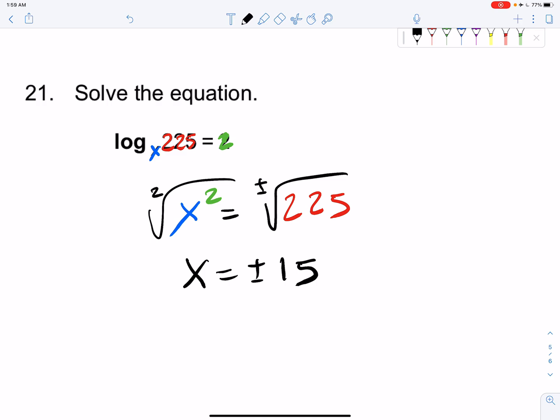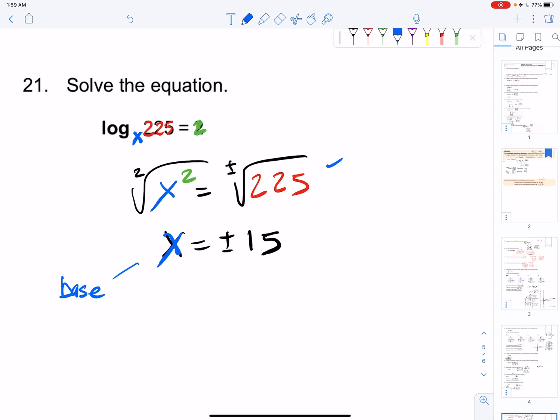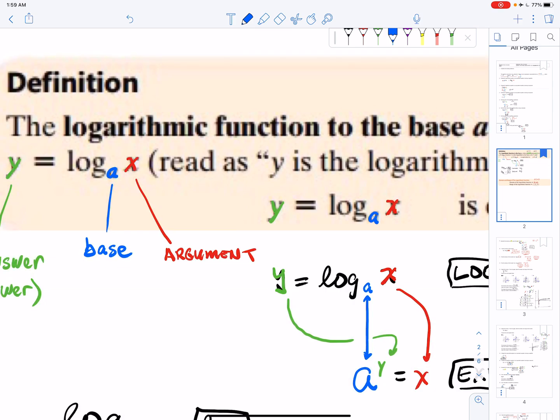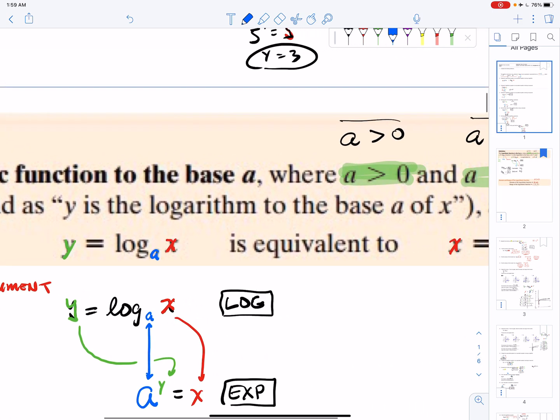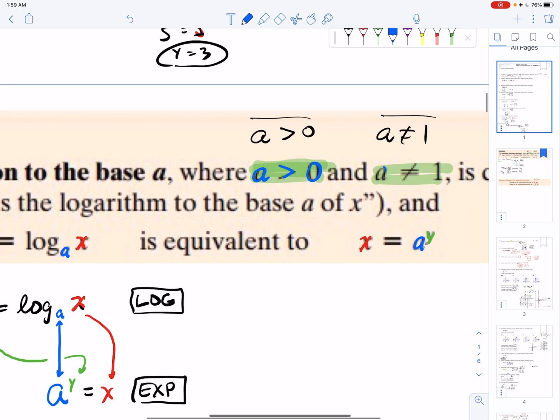But we have to be a little bit careful with this because we know with the definition, the base has to be what? Remember, this x is the base that we're looking for. It's the base of this logarithm. If you go back to that definition, it said you can write it as an exponential, but the base better be greater than 0, and it better not equal 1.